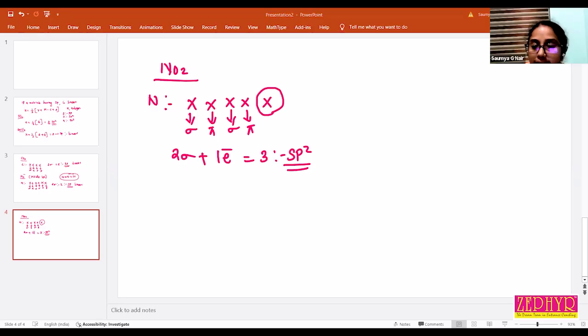Then F2O. Oxygen is the central atom. Its outer shell contains 6 electrons.